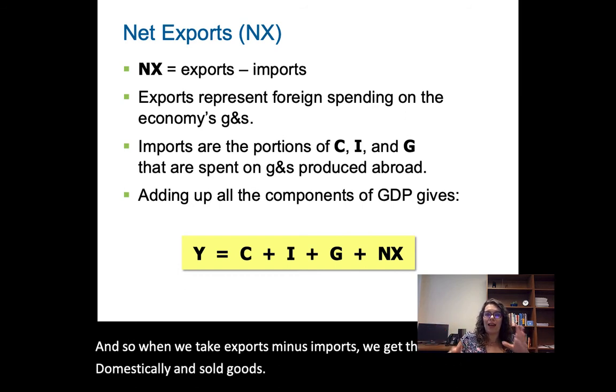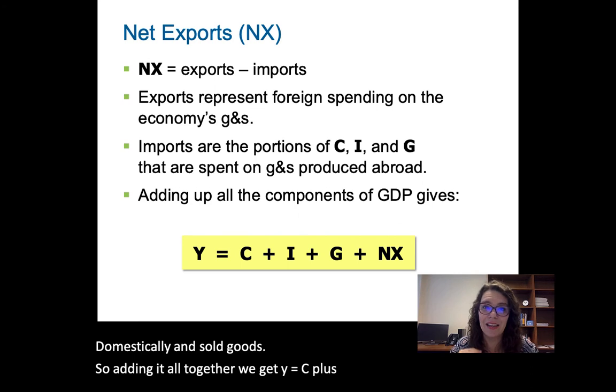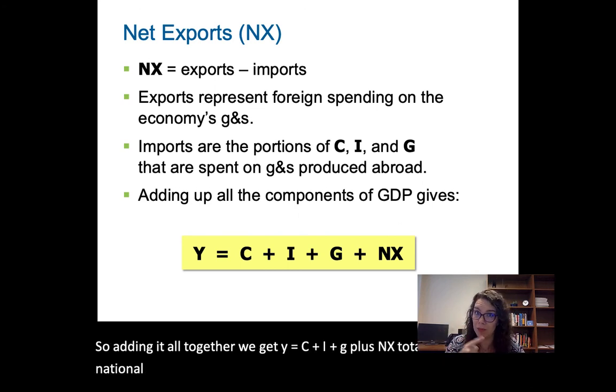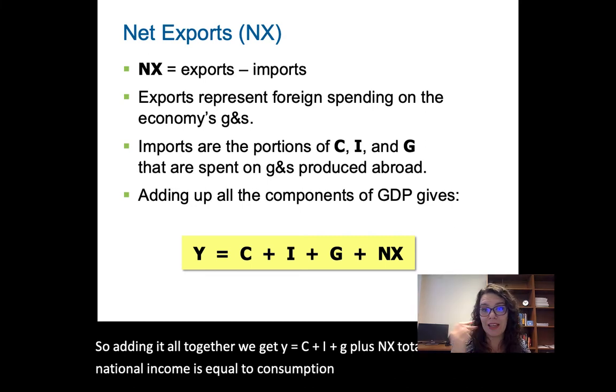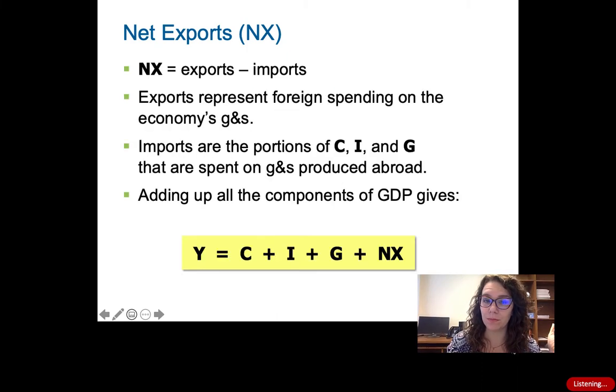So adding it all together, we get Y equals C plus I plus G plus NX. Total GDP, total national income, is equal to consumption spending, investment spending, government spending, and net exports.